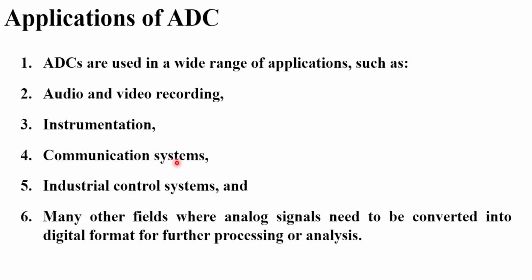In communication systems, be it 2G, 3G, 4G, or any other, you will find the sound, which is an analog value, is converted to its equivalent digital value. It is also used in industrial control systems and in many domains related to signal processing.